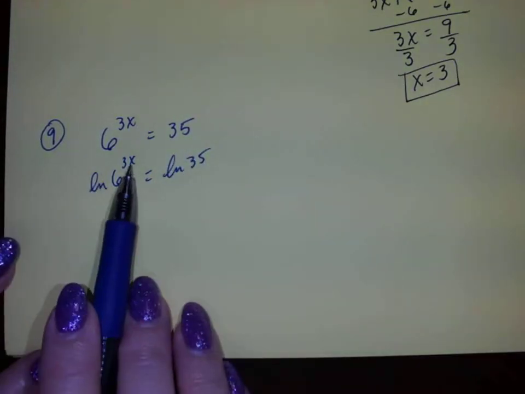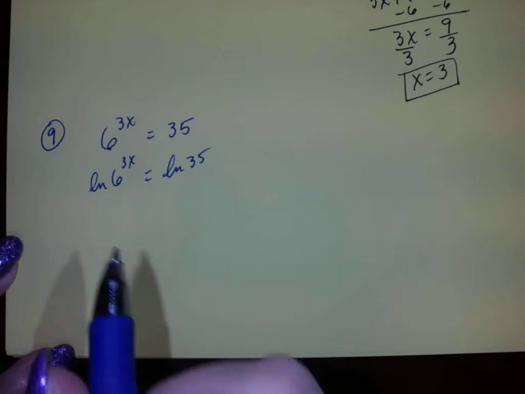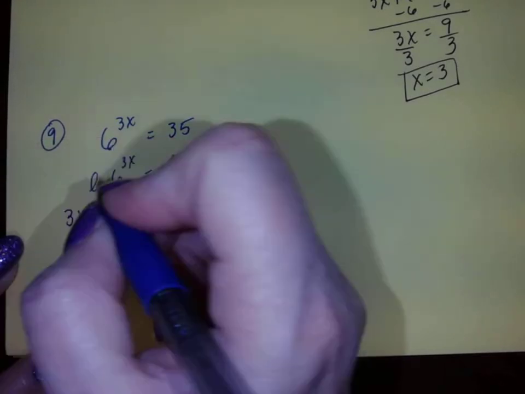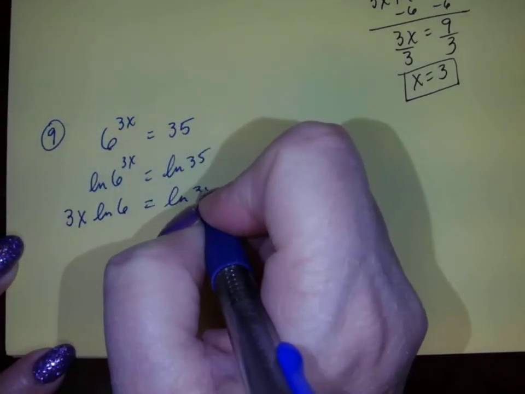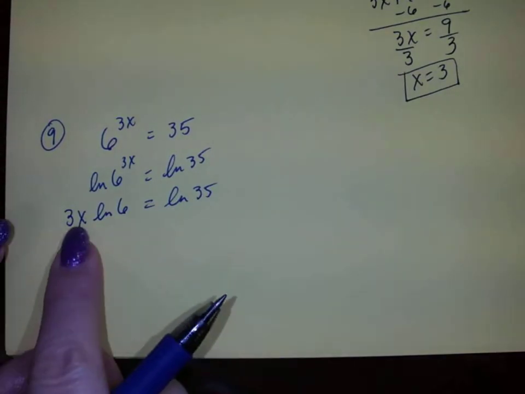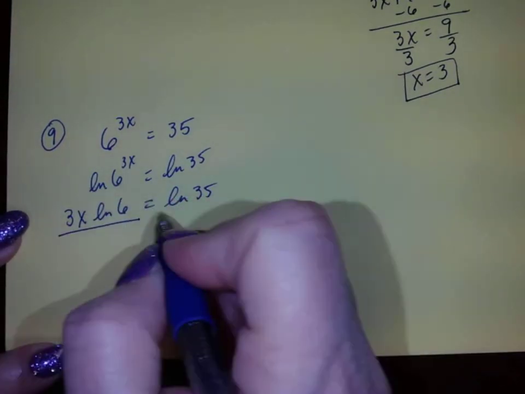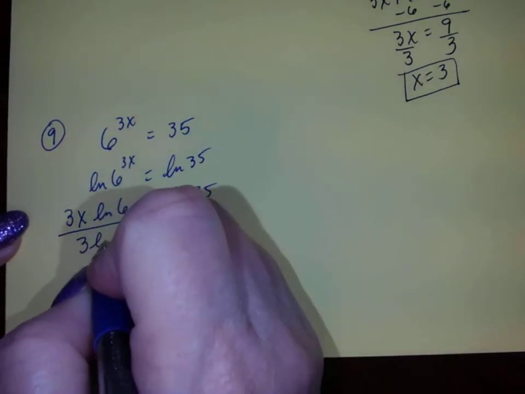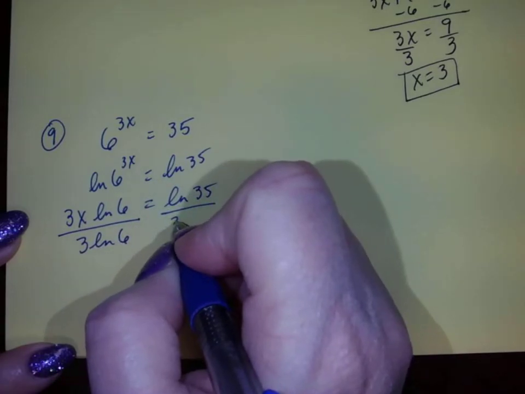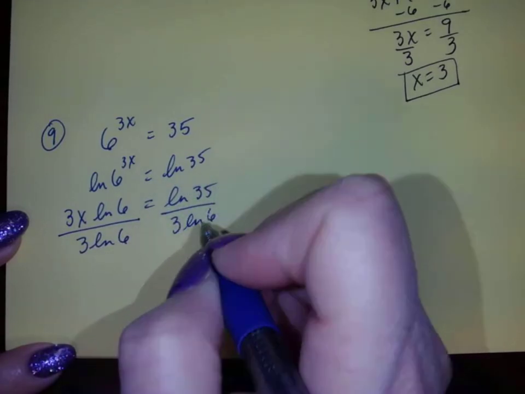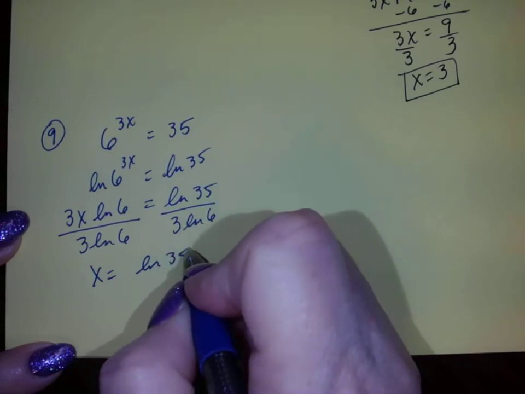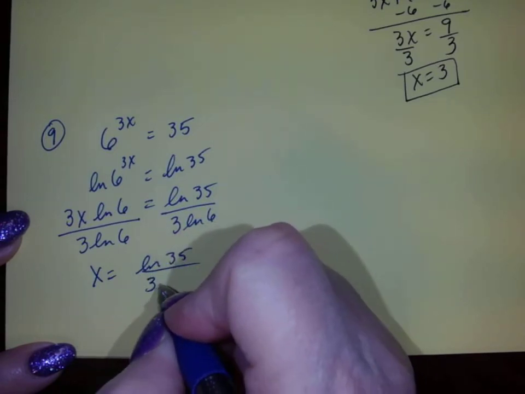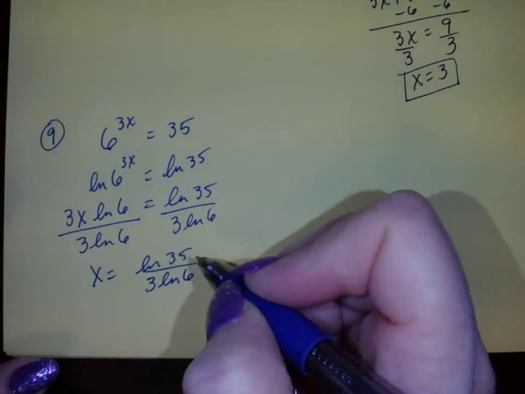Then that can allow us to move our exponent out front. So 3x ln of 6 equals the ln of 35. Now I want to solve for x, so I'm going to divide both sides by everything that is not the x. So now x will be equal to the ln of 35 divided by 3 times the ln of 6.